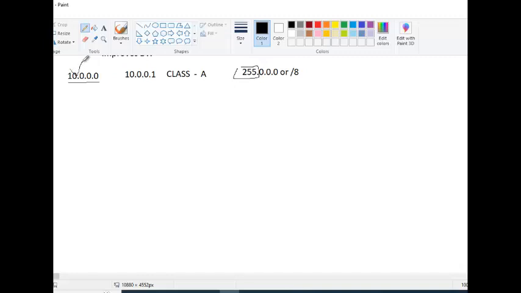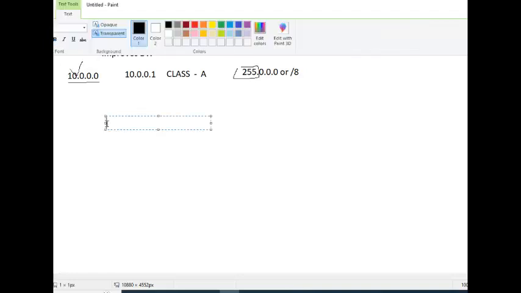The 255 means that all 8-bit are given for networking. See, to write 10, you don't need 8-bit. To write 10, what is needed? To write 10, it is 8 plus 2, that's it. This is 10.